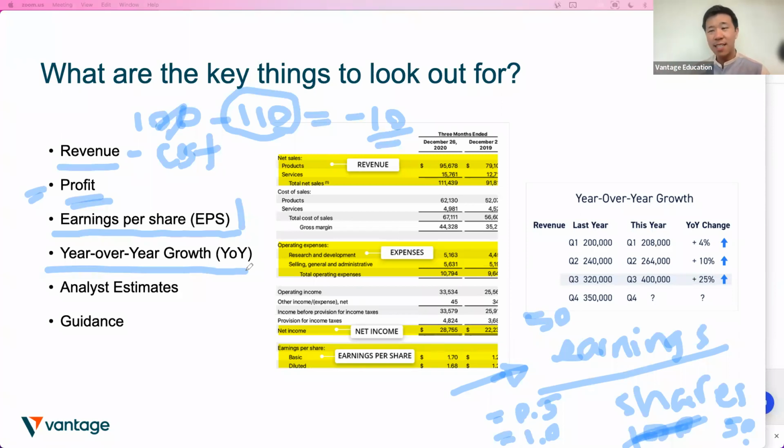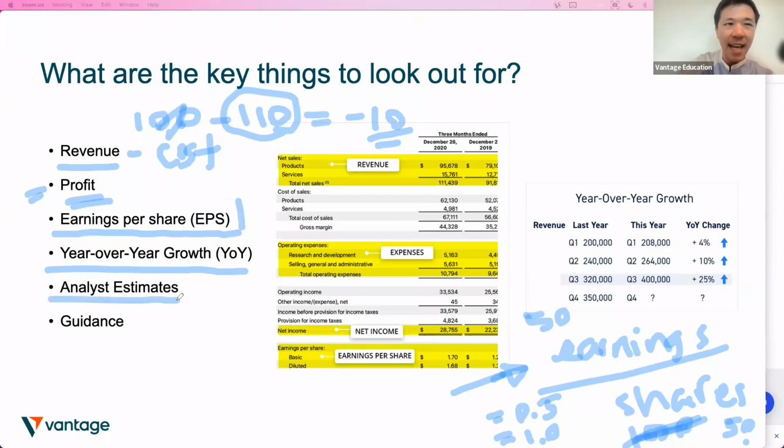Of course, unless the company does something different, right? The company is doing a restructuring, or spent a lot of money this quarter compared to last quarter on R&D. Was there a big acquisition? Things that might mess with the numbers a bit, but year-on-year growth is usually a pretty good gauge of the performance of the company.